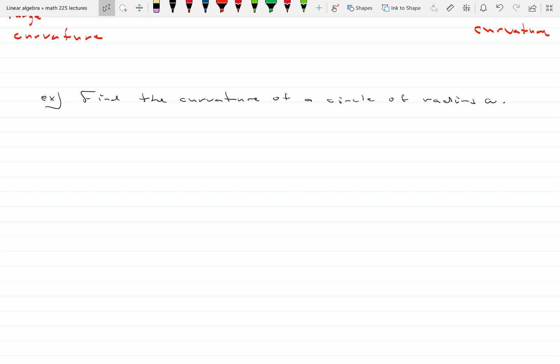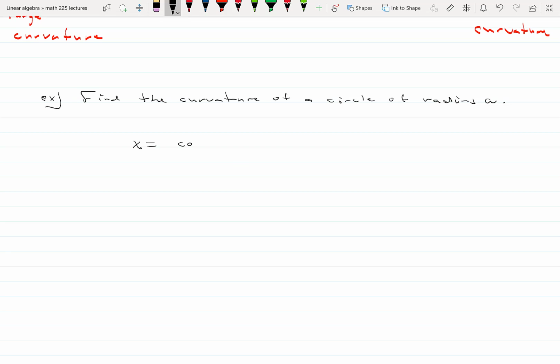Now remember, the curvature depends on the derivatives of the unit tangent vector and r prime. So we need a vector function for r. So let's parameterize the circle of radius a.